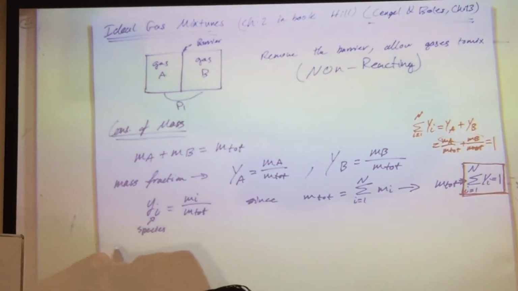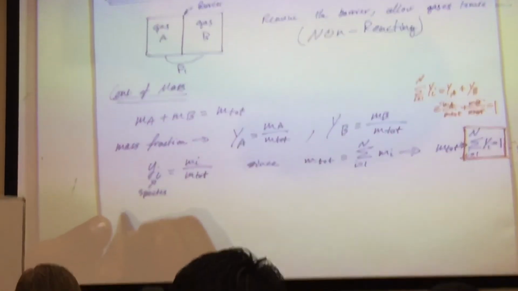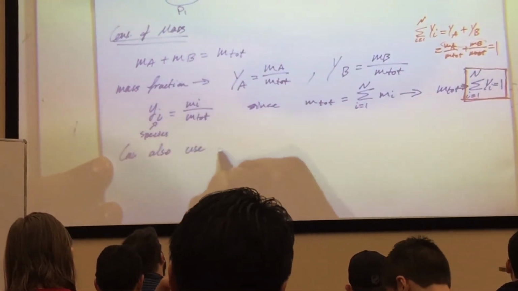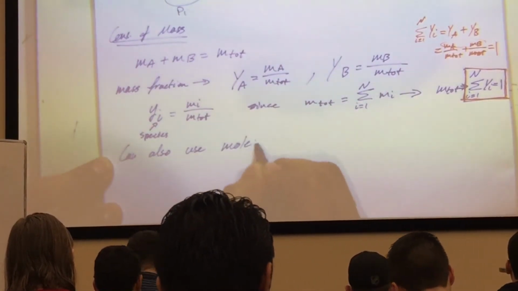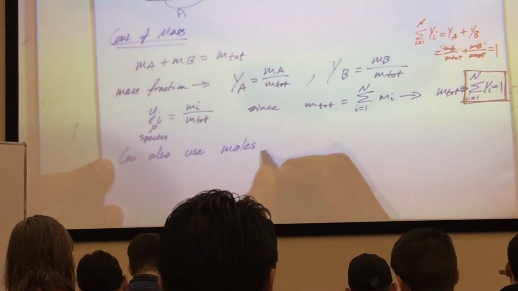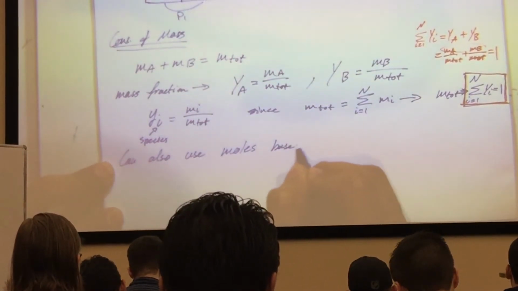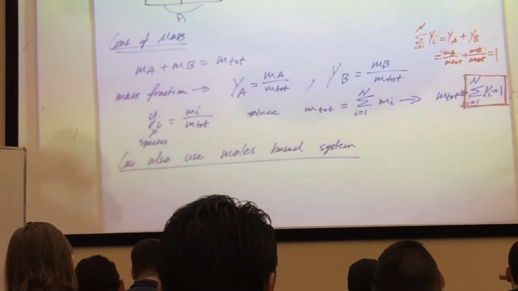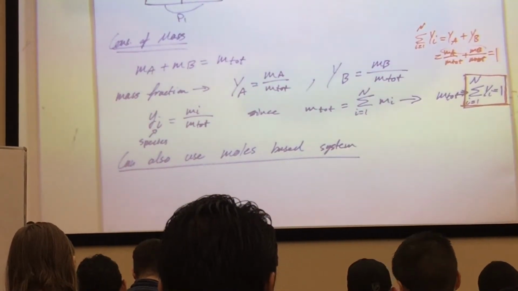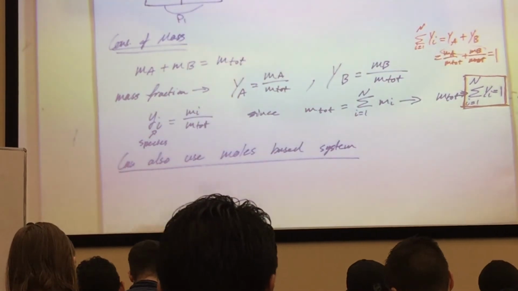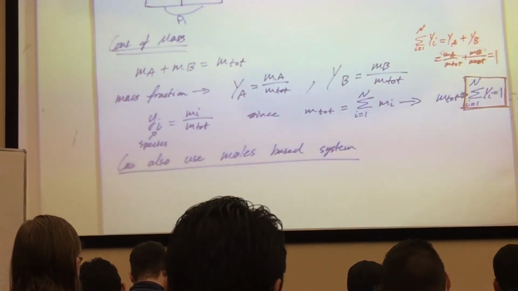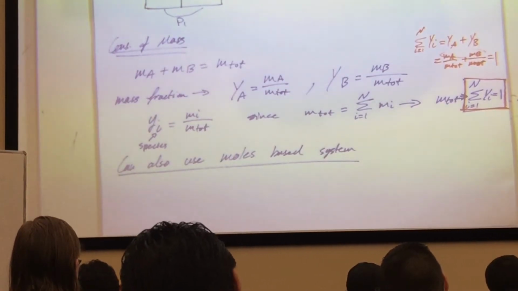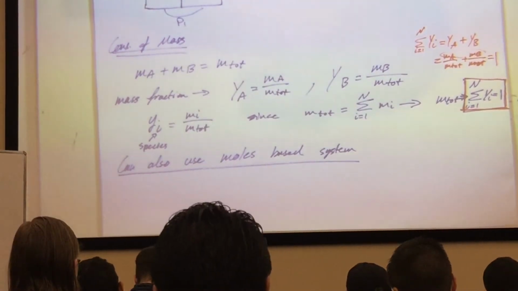Now, we could also do this and use moles, or a mole basis. So for mass, think of this in terms of kilograms. Now we want to use how many moles of that species we are using. For moles, we need to relate the number of moles relative to molecular weight.